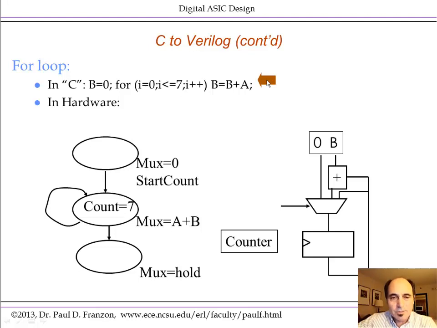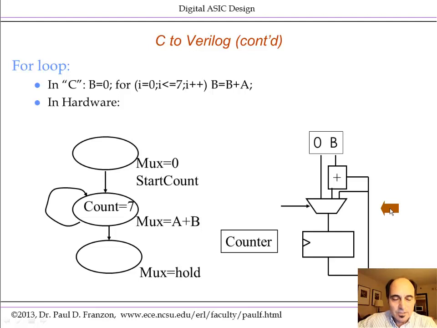So in hardware, what this becomes is the for loop becomes a controller, in this case a counter, a linear sequence, counting 8 cycles, possibly within the context of a larger finite state machine. And the structure on the right hand side becomes a data path element, in this case an accumulator that's initialized to B on the 0th cycle.